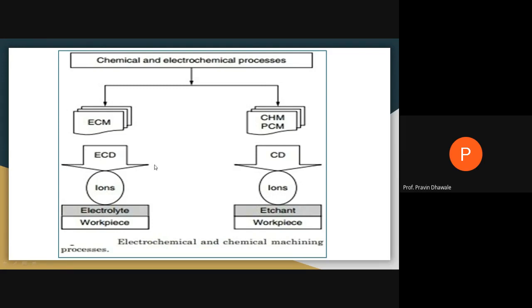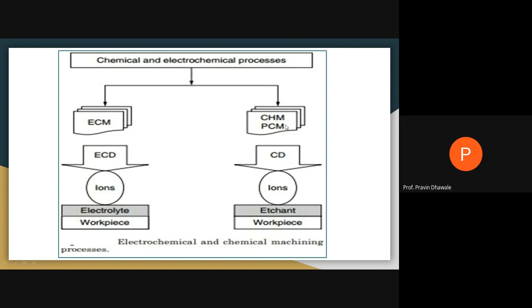and those ions are produced by an electrochemical dissolution process. In electrochemical machining, the material from the workpiece is removed by ions using an electrolyte as the medium, and those ions are produced by the process of electrochemical dissolution.